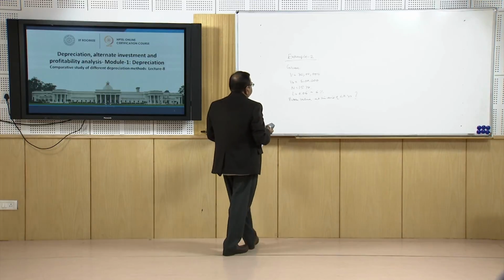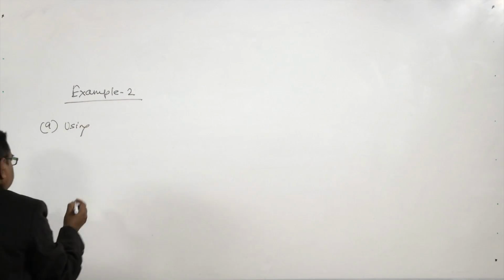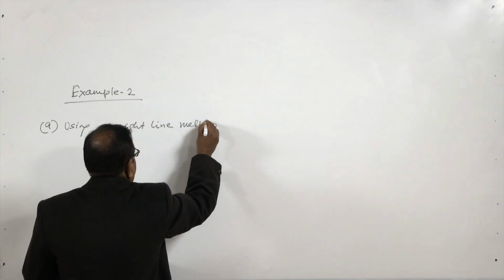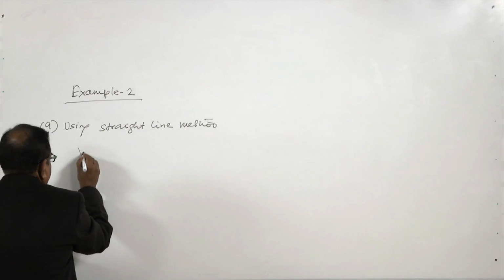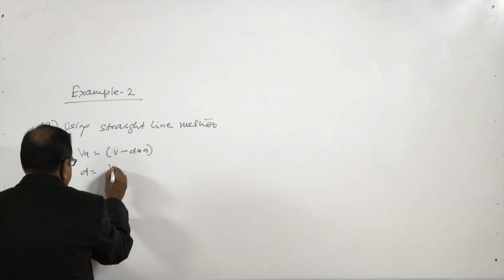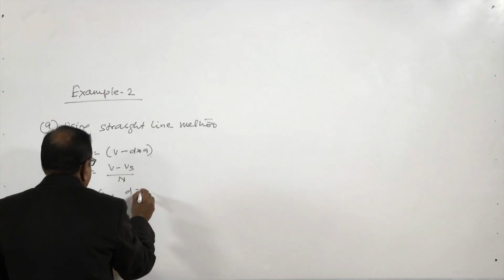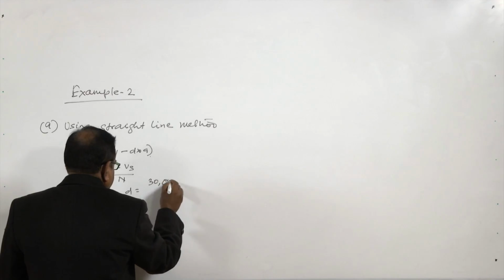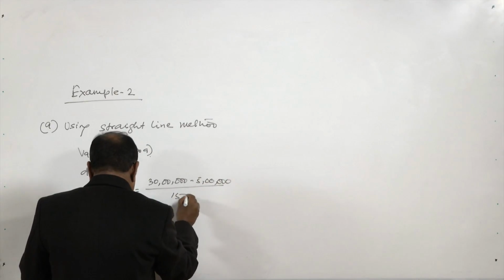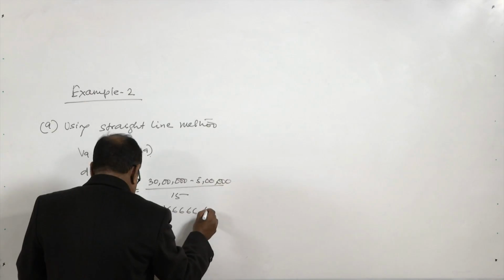Now, if we use the straight line method, VA is equal to V minus D into A, and D is equal to V minus Vs divided by N. So, for our case A is equal to 6, D is equal to 30 lakh minus 5 lakh divided by 15, that comes to be 166,667.